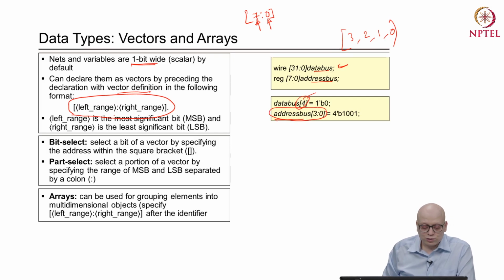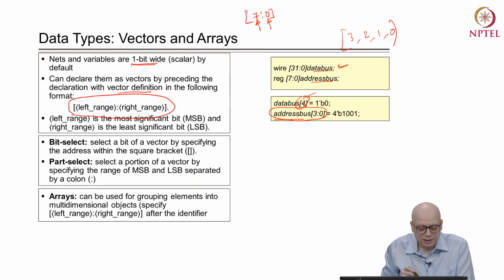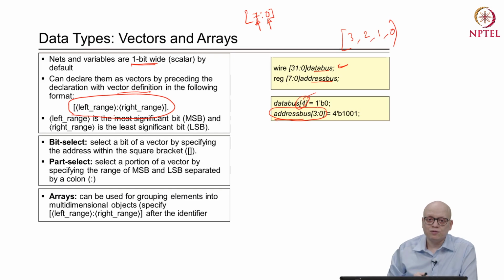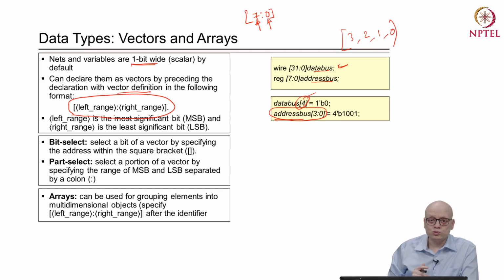Now, Verilog also supports arrays, which can be used for grouping elements into multi-dimensional objects. Many times, for example when we are trying to model memory, we want to group together entities in some manner. If we want to do that kind of grouping, then we can use arrays.